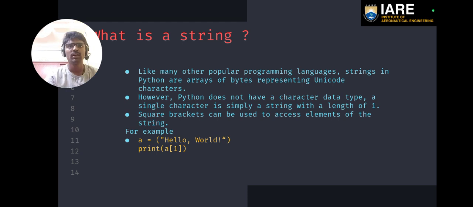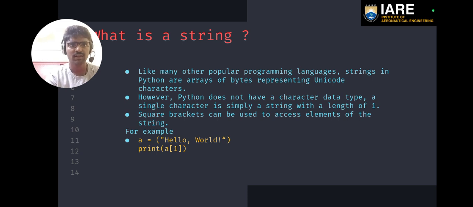So, what is a string? Like many other popular programming languages, strings are a data type in Python. A string is represented by apostrophes kept at the beginning and ending of the string, either single apostrophes or double apostrophes. However, Python doesn't have a character data type.